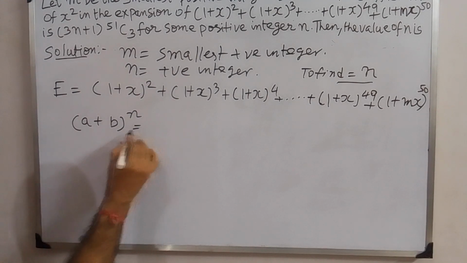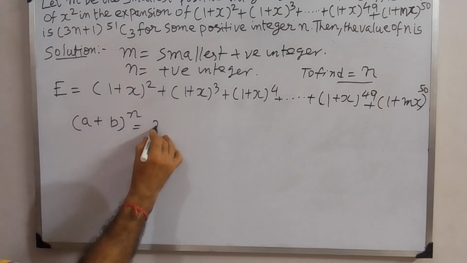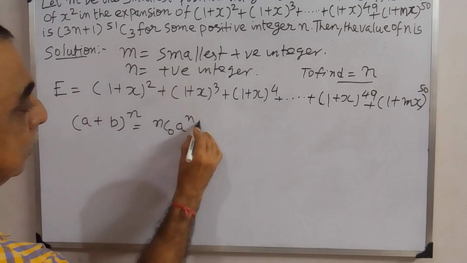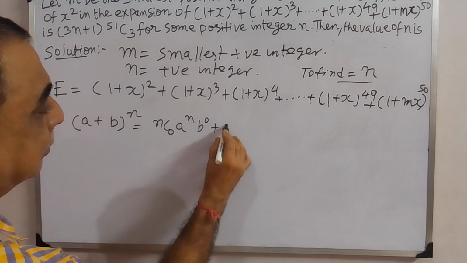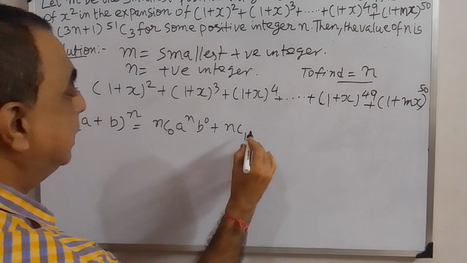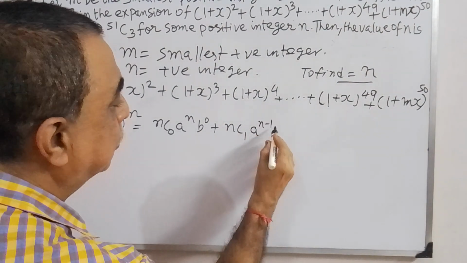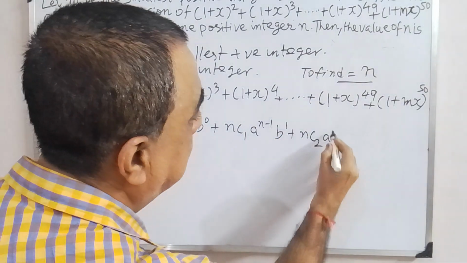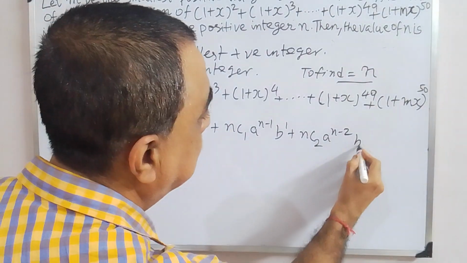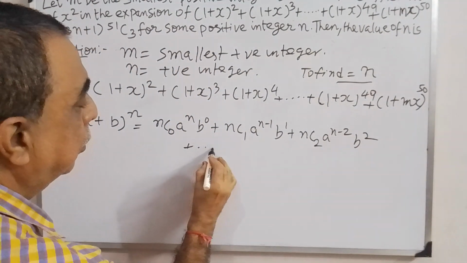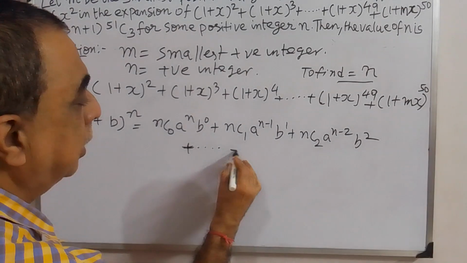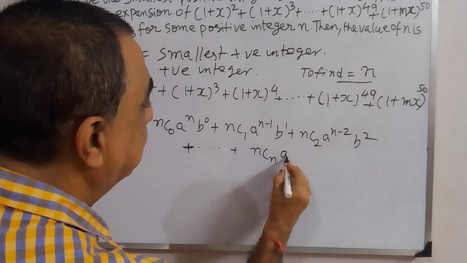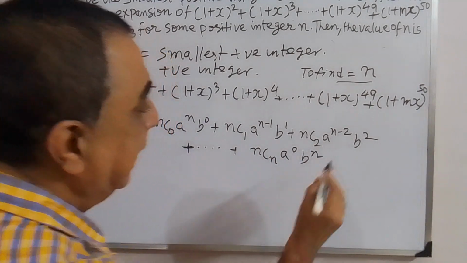We expand it as nC0 a^n b^0 plus nC1 a^(n-1) b^1 plus nC2 a^(n-2) b^2, and so on, going up to the last term, nCn a^0 b^n.